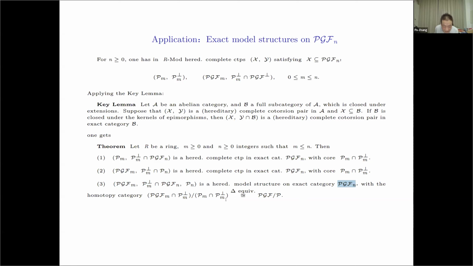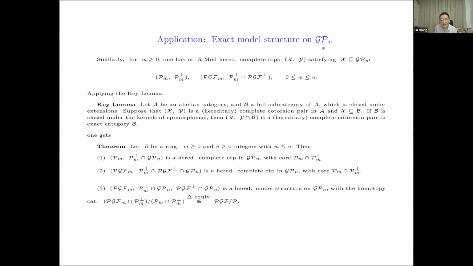In fact, it does not depend on M and N. So then we have two chains, one parameterized by M, another parameterized by N, with the same homotopy category, which is triangulated. So also this is in GP_N, with the same argument.